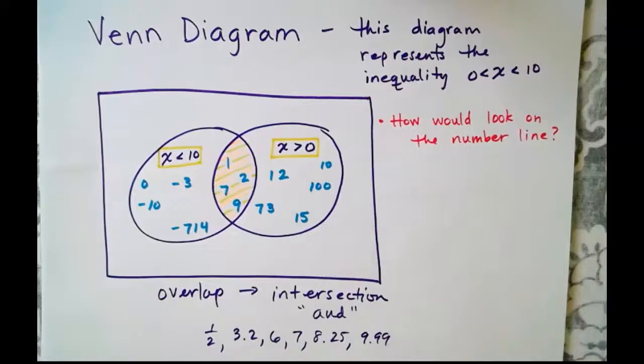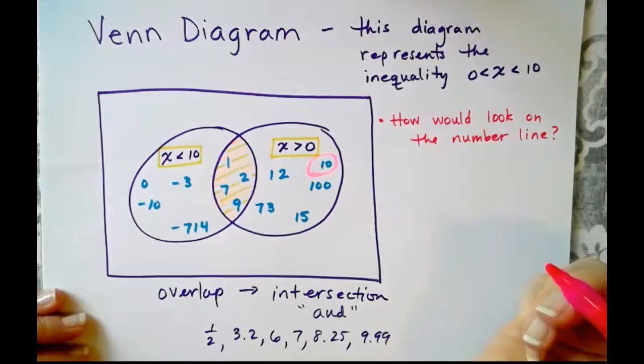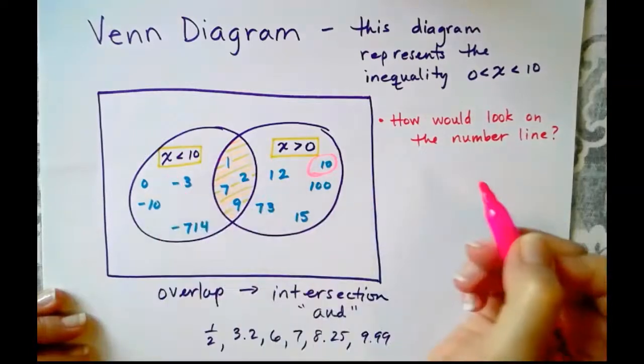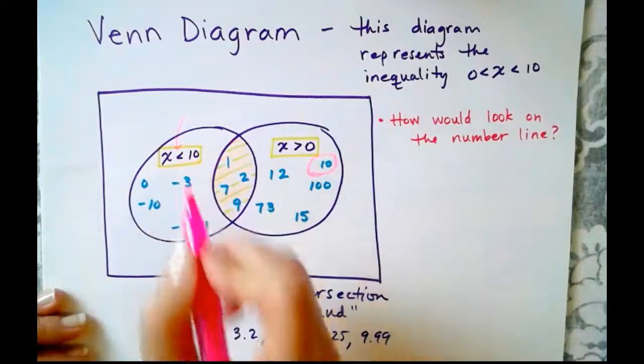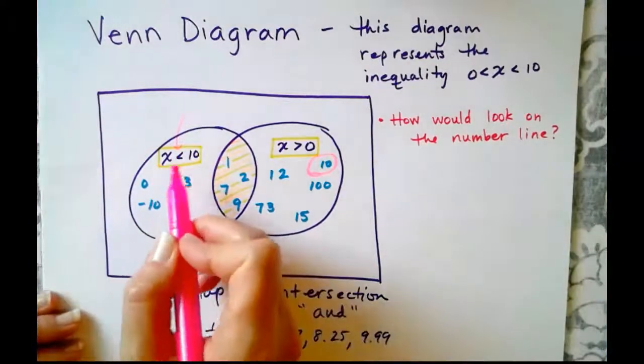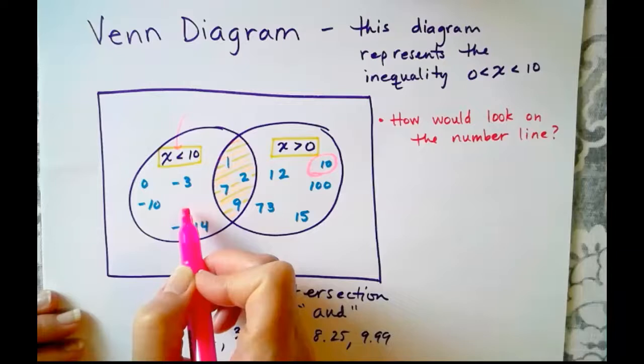Now, I do want to bring to your attention the fact that 10 is over here, but not over here. Just as a reminder, this symbol is strictly less than. X must be strictly less than 10. Therefore, 10 cannot go in this set.